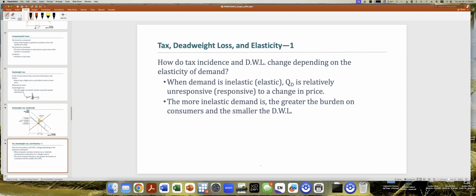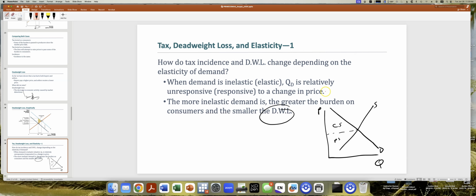Okay. So here's a normal demand curve, supply curve. Consumer surplus, producer surplus. And then let's impose the tax. Let's say that it's on the seller. And look at that. Creates that really big deadweight loss. Okay, bad news, right?